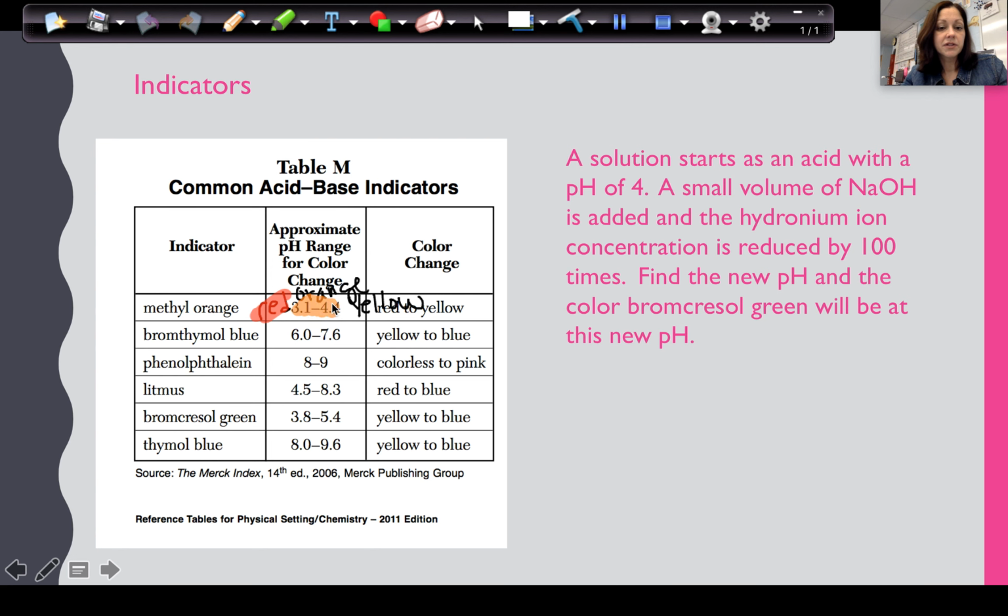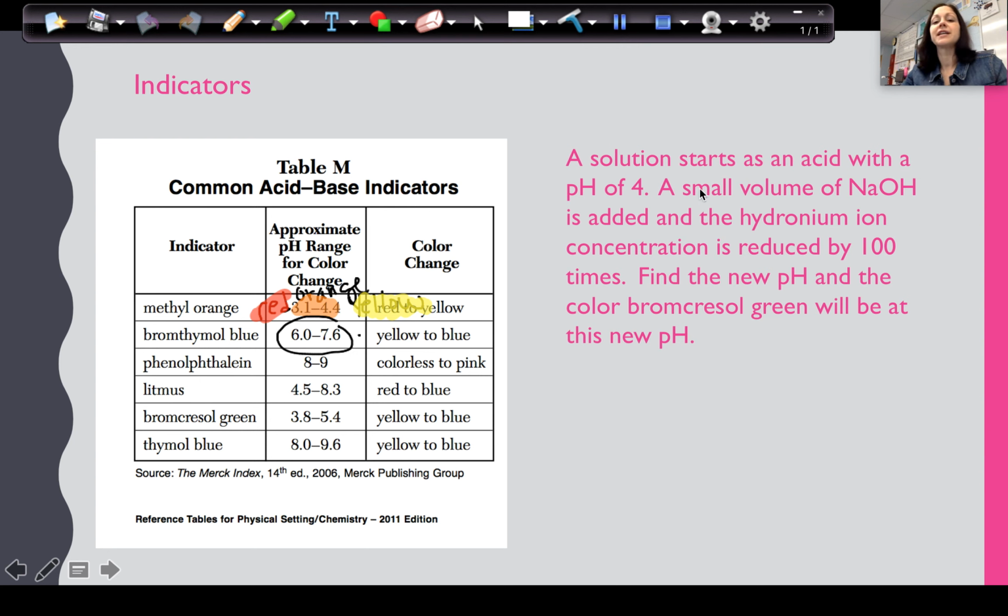From 3.1 to 4.4, the indicator is orange, and at 4.4 and after, it is going to be yellow. So if we know that a pH is less than 6, we would look at the earlier numbers. For example, for bromthymol blue, less than 6 would be yellow, more than 7.6 would be blue, and this center range in between would be green.